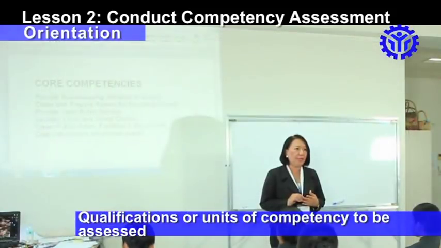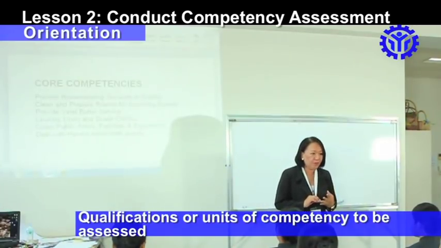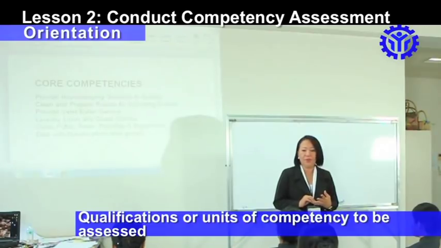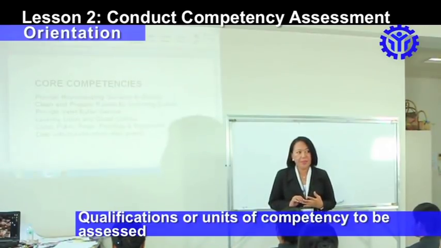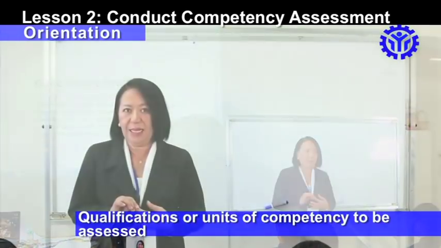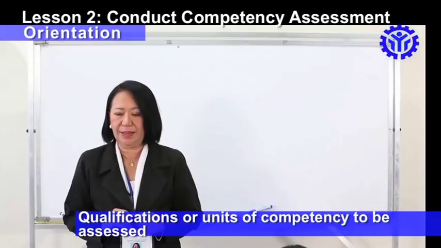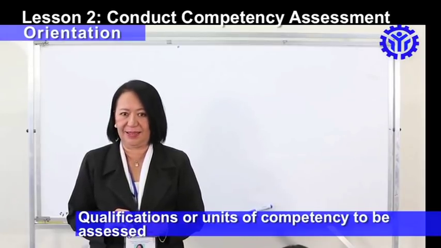For our core competencies, we have: provide housekeeping services to guests, clean and prepare rooms for incoming guests, provide valet and butler services, launder linen and guest clothes, clean public areas, facilities, and equipment, and deal with intoxicated guests.